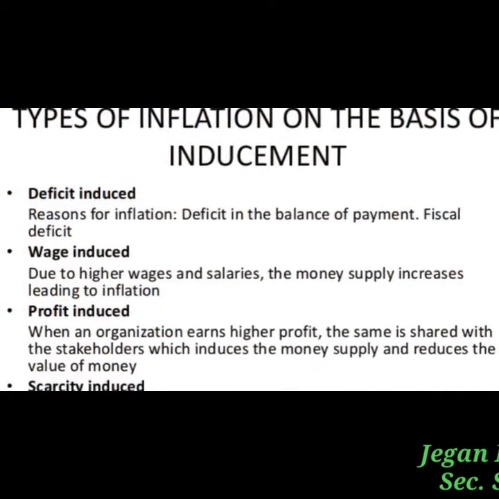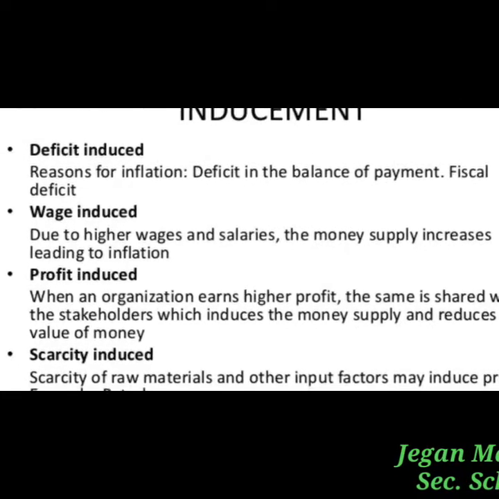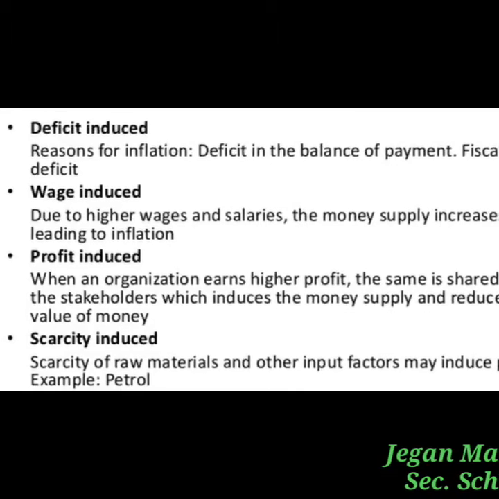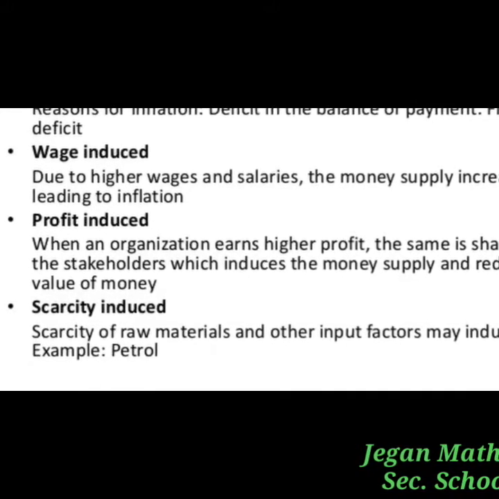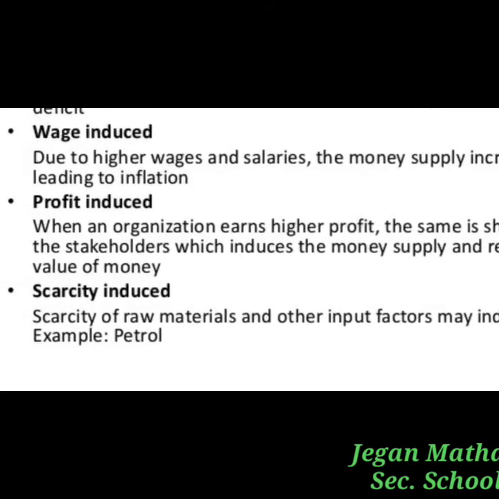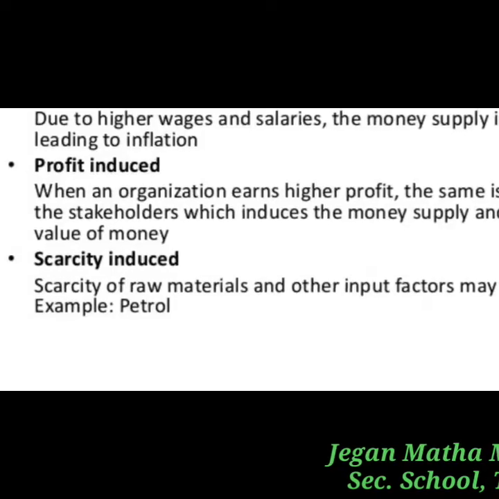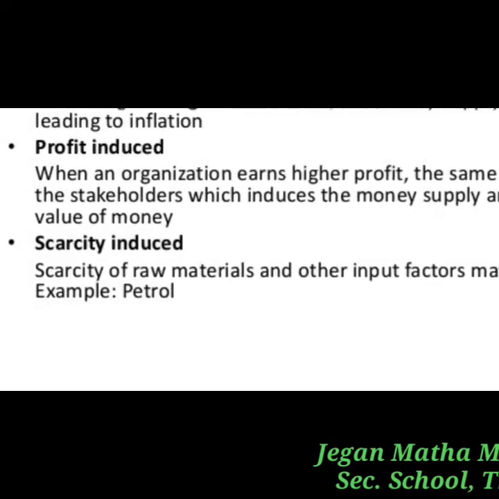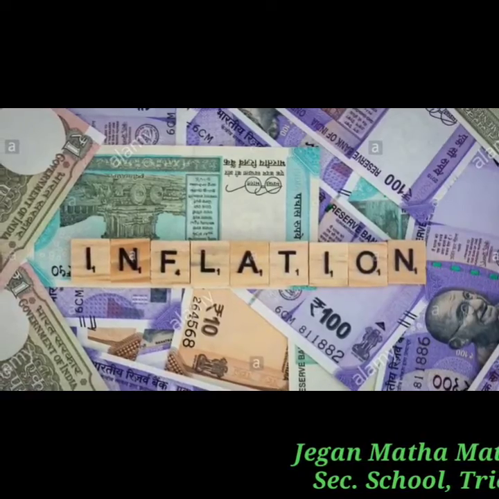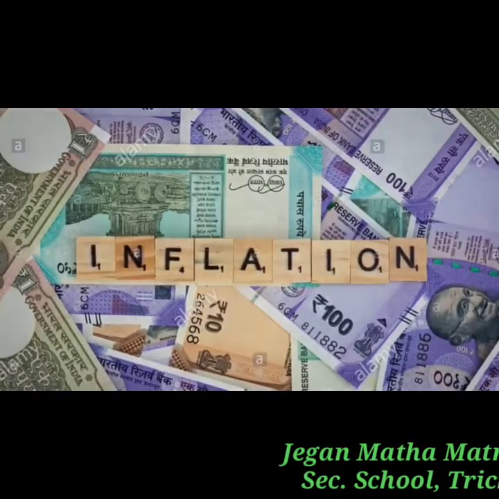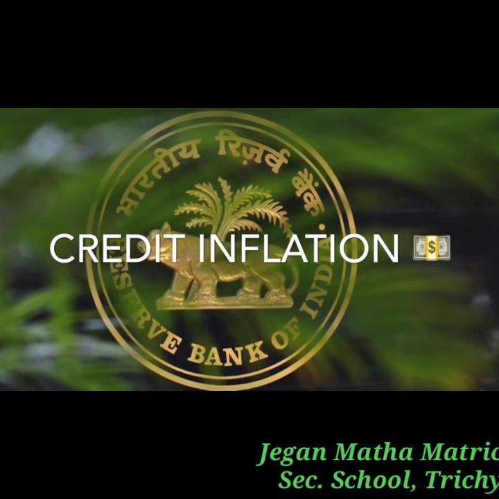So we have seen inflation on the basis of inducement: currency inflation, credit inflation, deficit-induced inflation, profit-induced inflation, scarcity-induced inflation, and finally tax-induced inflation. Currency inflation is when the money flow is more, and credit inflation is when the bank is lenient in lending credit.